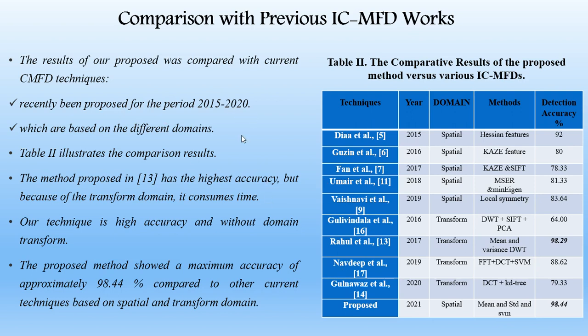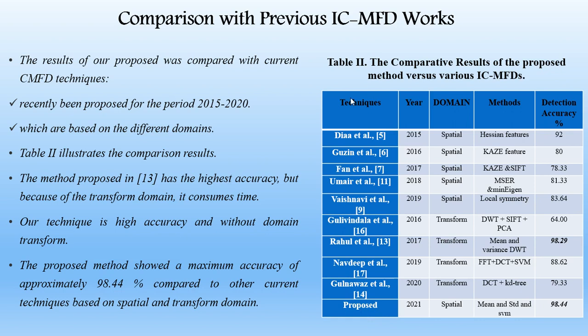These depend on different domains, for example the spatial domain, without any transform, and the transform domain, where the image is converted from the spatial domain into the transform domain. As mentioned before, the transform domain takes time because of converting from one domain to another.